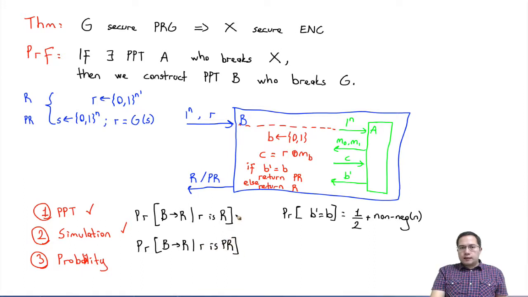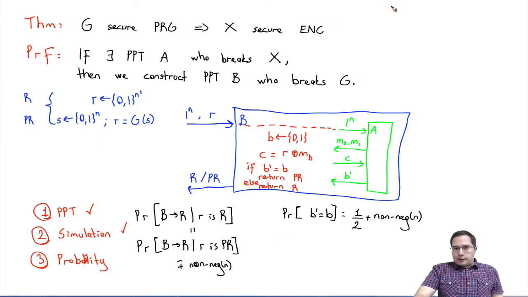We want this probability to be equal to this plus minus some negligible. In the usual case, breaking would mean some non-negligible difference here, okay? So if this is the case, this should be the case. This is what we want to show.